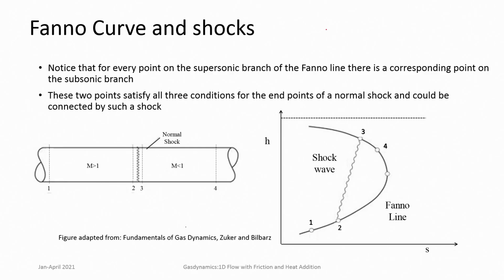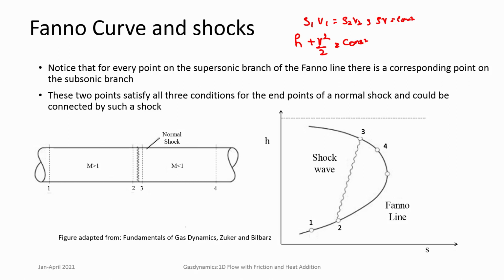The other thing is they also satisfy the equation rho 1 V1 equal to rho 2 V2, that means rho V equal to constant, and they also satisfy the equation h plus V square by 2 equal to constant, that is, it is an adiabatic flow. Now how did we draw the Fanno curve?